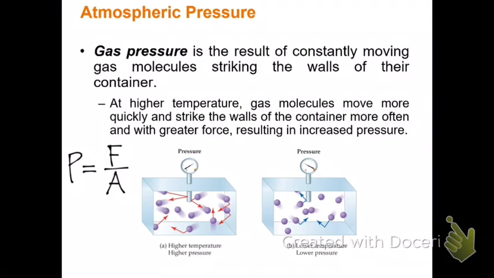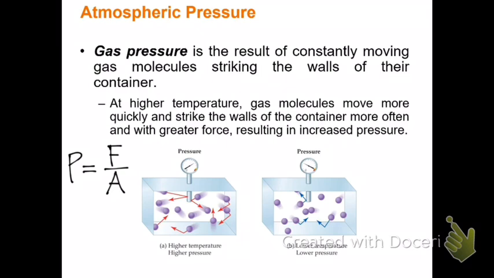The higher the temperature, the higher the kinetic energy. Also, kinetic energy is related to velocity. KE, kinetic energy, is equivalent to 1/2 mv squared, where v is velocity. So at higher temperature, gas molecules move a lot faster.